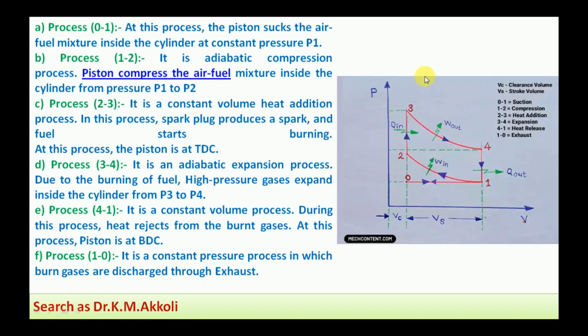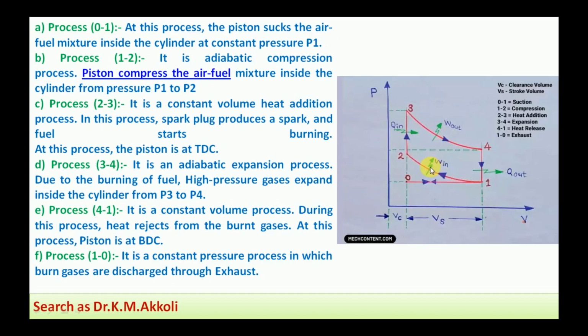Here we can also see the 0 to 1 section, and that explanation we can take here. In the process 0 to 1, the piston sucks the air fuel mixture inside the cylinder at constant pressure P1. And next, 1 to 2, it is a compression process.